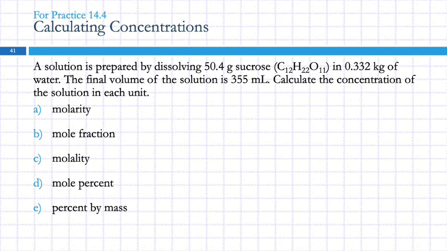So a solution is prepared by dissolving 50.4 grams of sucrose in 0.332 kilograms of water. The final volume of the solution is 355 milliliters. Calculate the concentration in these units.